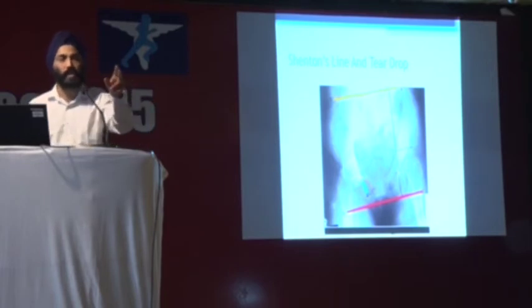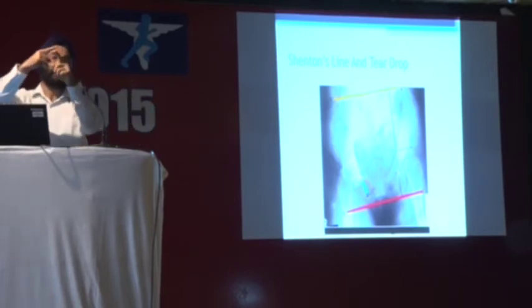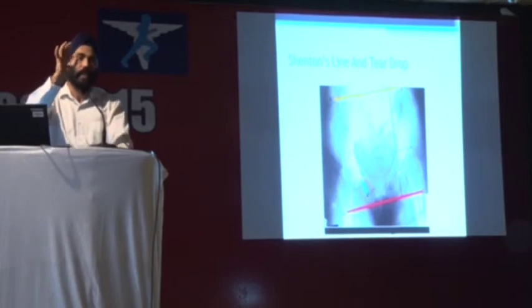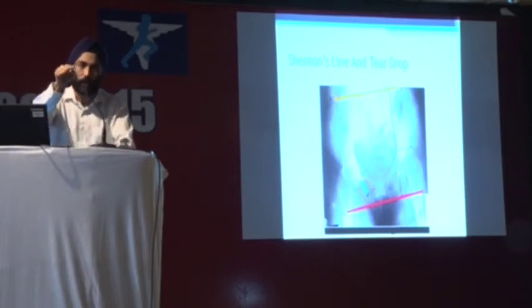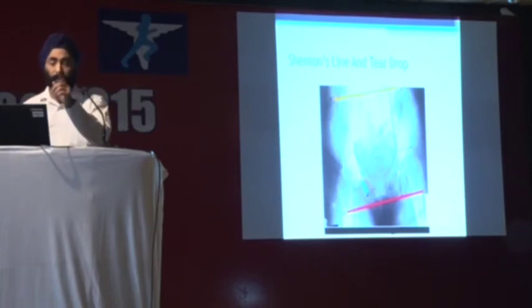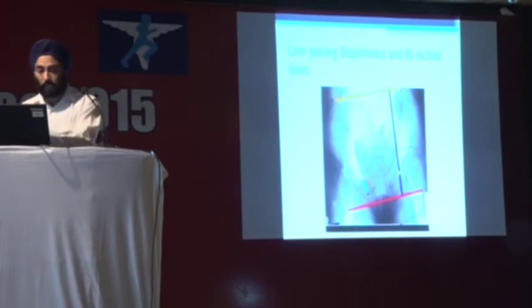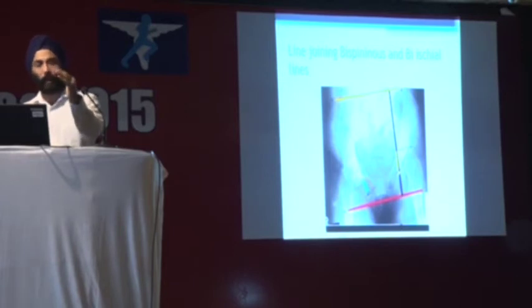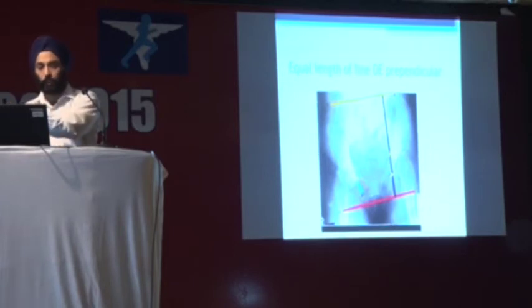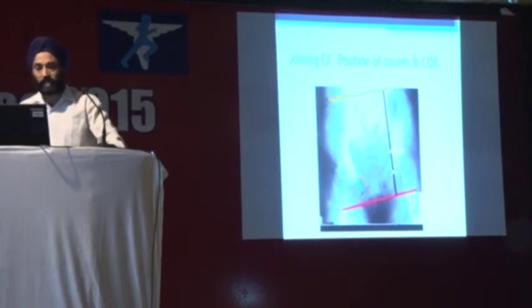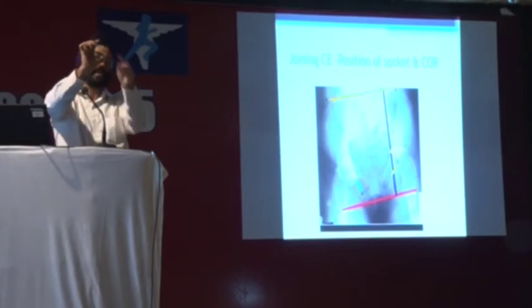The intersection of Kohler's and Shenton's lines gives you the teardrop. From the teardrop, you go 1/5 up of the distance which you calculated, so 20 millimeters, and then perpendicular 1/5, again 20 millimeters, and then join both of these lines. The center of this would be exactly where the cup center should fit.